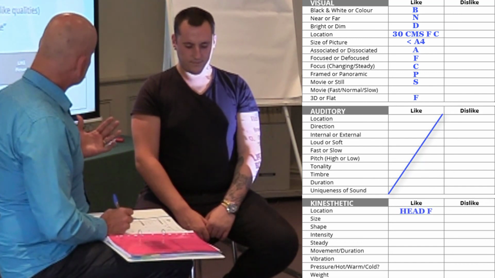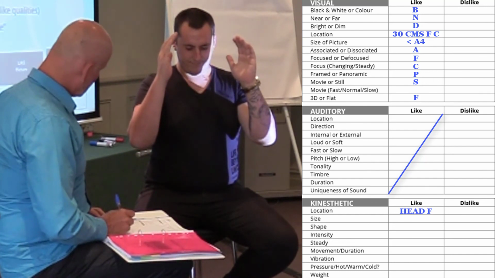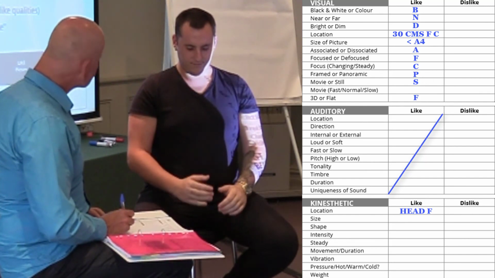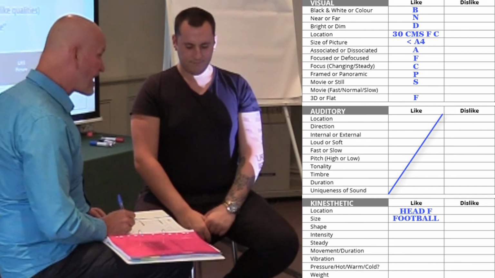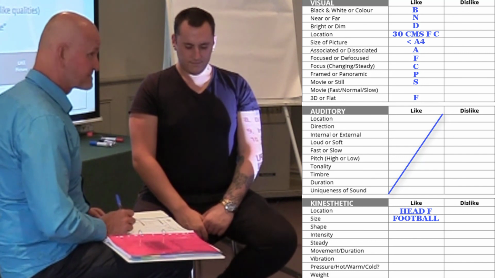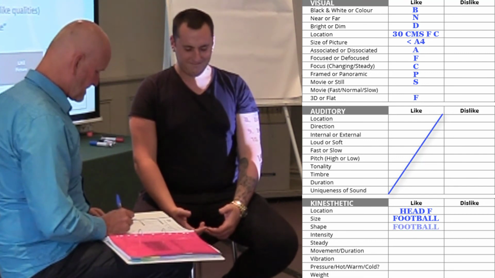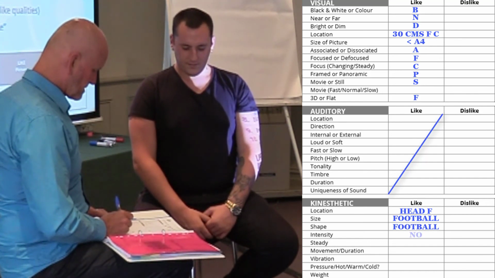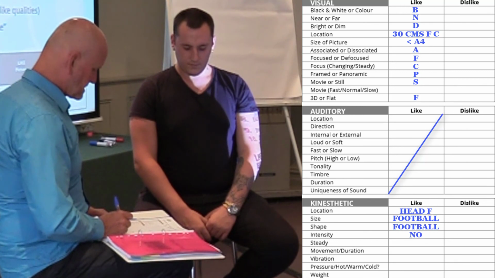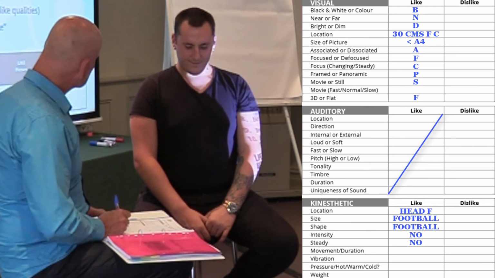So the size of the feeling. Okay, that's as big as a football. So that might tell me the shape, but I'm not going to make any assumptions here. So what's the shape of it? Football. Okay. Is there any intensity around this? No. Is it steady? No. Is there any movement? Vibration.